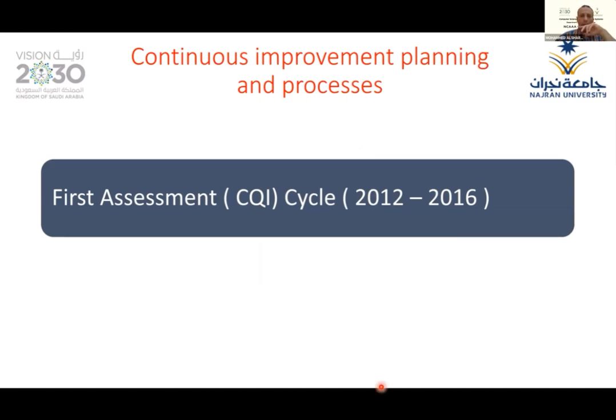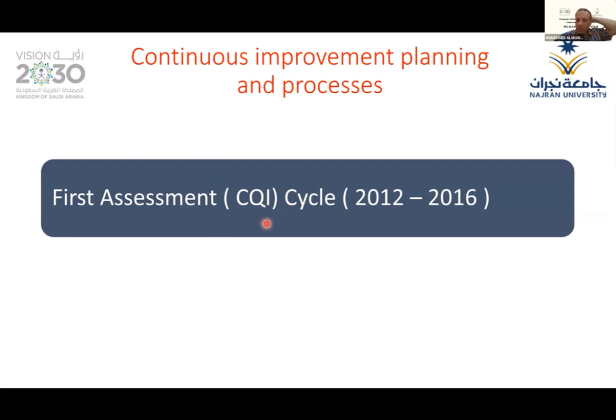So just to remind, our first assessment cycle, or we can call it CQI cycle, which is continuous quality improvement cycle. Okay, some people call it CQI cycle or first assessment.